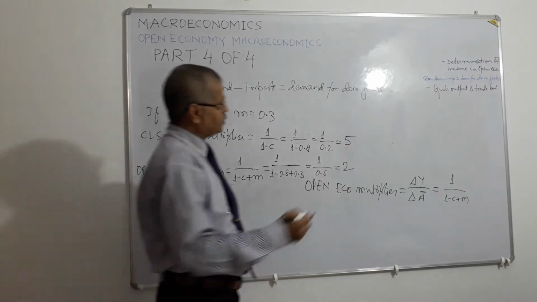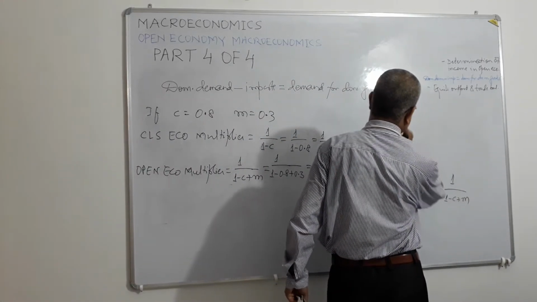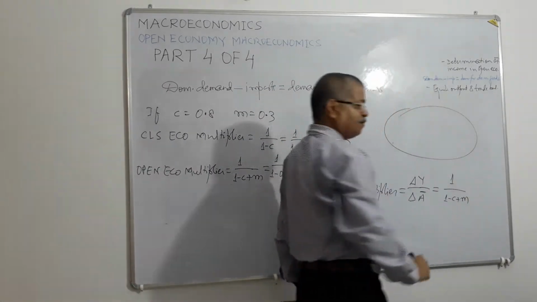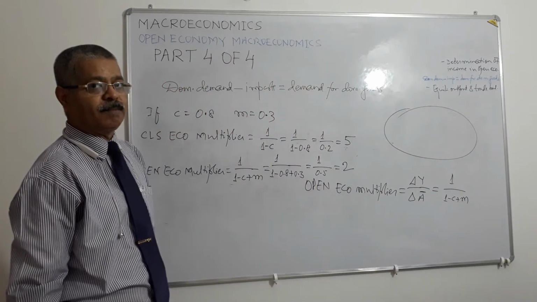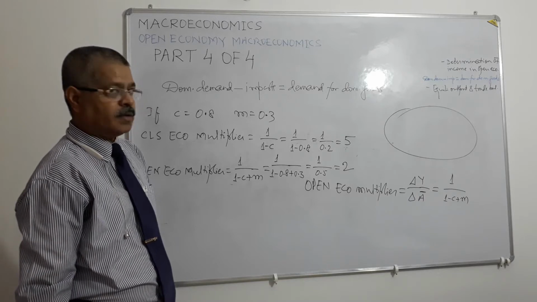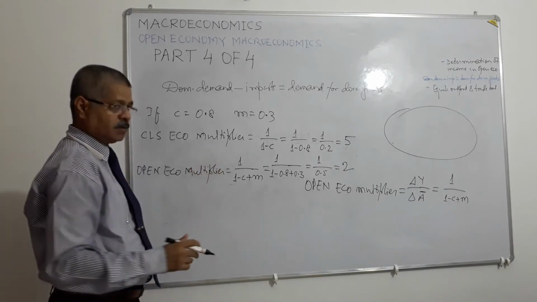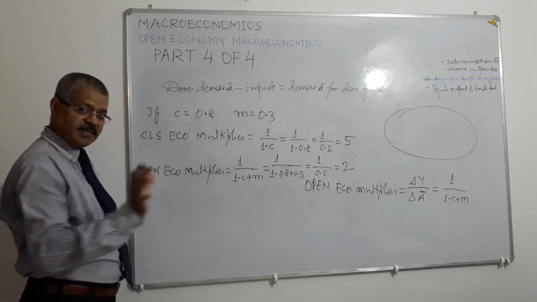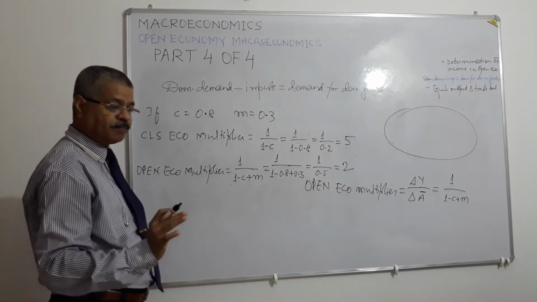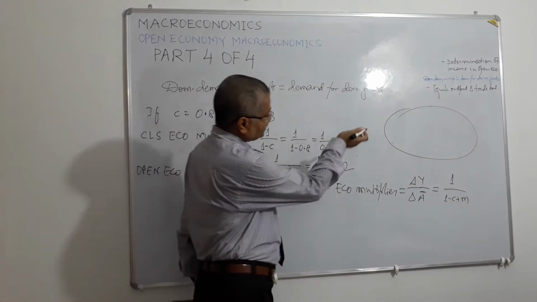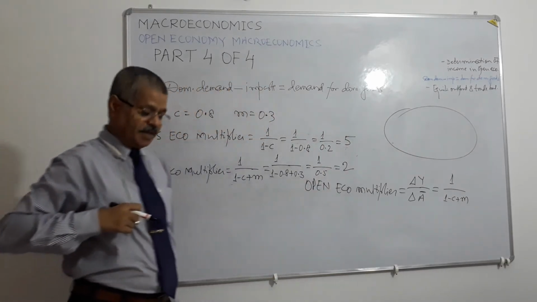Because, as we have discussed, imports escape out of the circular flow of income. In a closed economy, there are no imports. In an open economy, they are there. So imports escape out of the circular flow of income.